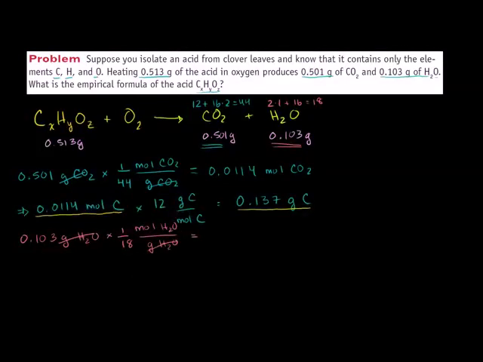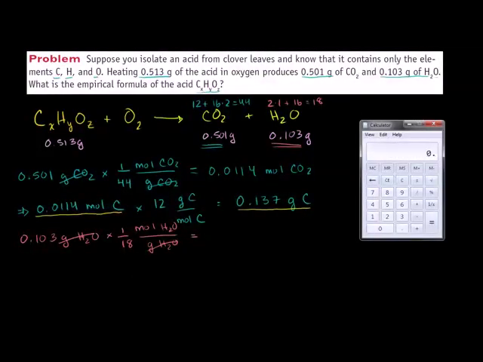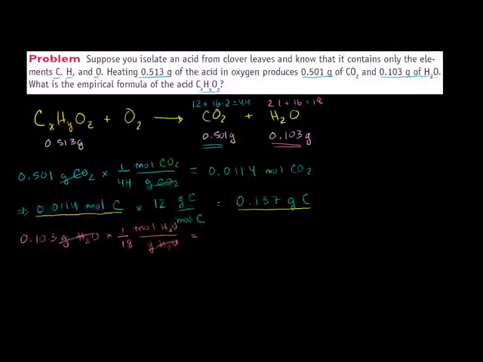Let me get the calculator back. So we have 0.103 divided by 18 moles of water. So that's, let me put this on the side so I can still see it. I have a very bad memory. So this tells us that we have 0.00572 moles of H2O, of water.